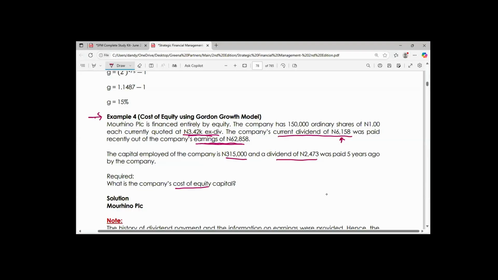In addition, you are also given information on the dividend paid 5 years ago. So you are given historical pattern information as well. That means we are going to calculate two different growth rates. If you calculate two different growth rates, you must calculate two different costs of equity. One cost of equity using the historical pattern of dividend payment, the second cost of equity using the Gordon growth model.